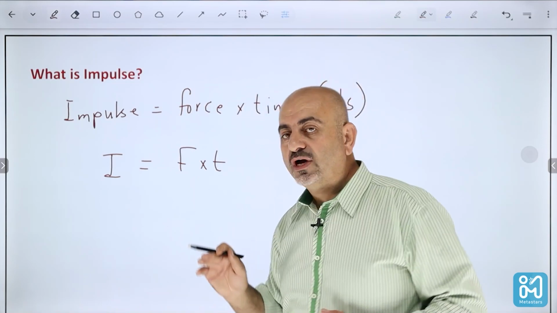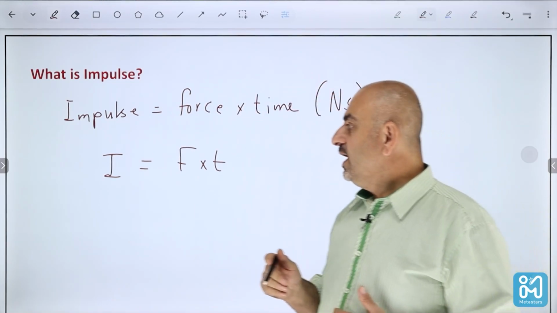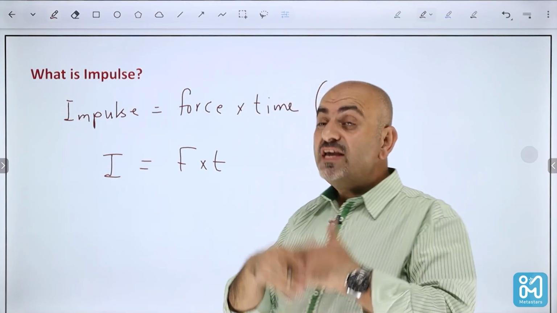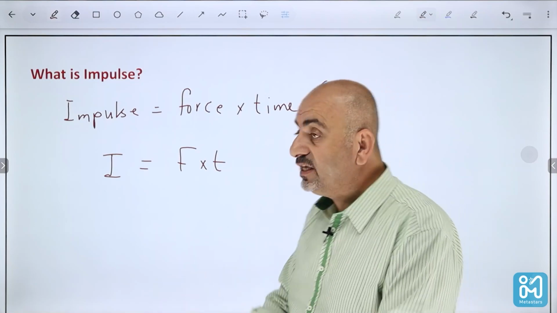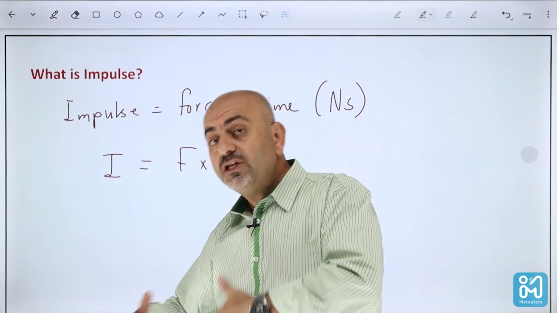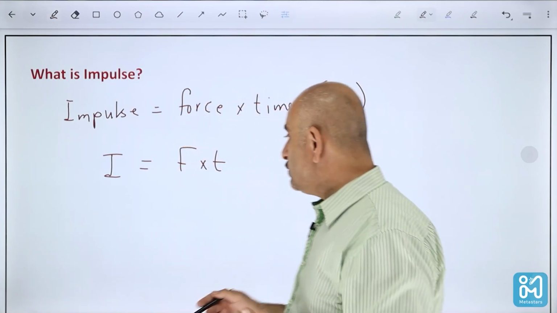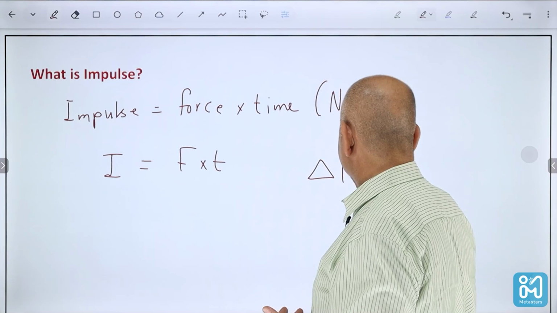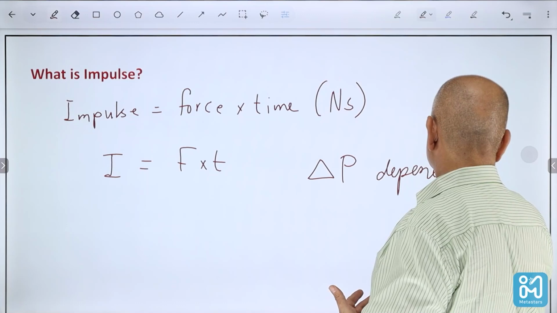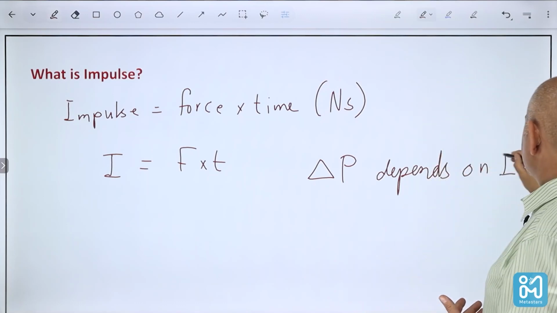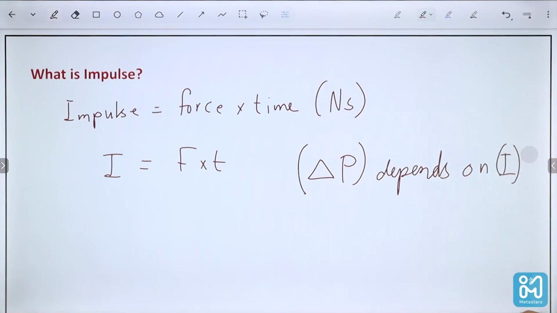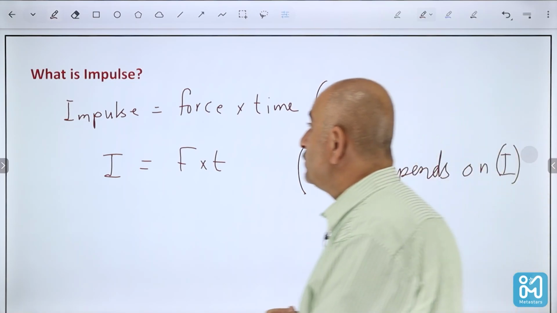The push that you make to any object that's in motion or at rest is going to increase its momentum. So impulse is the reason behind increasing or decreasing momentum. Change of momentum depends on impulse. There is a relationship between impulse and change in momentum, which I will address with you right now.